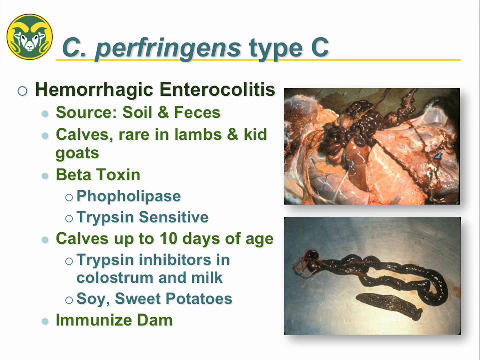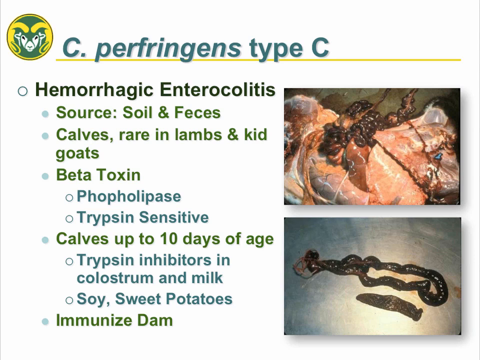So I think the biggest thing here is when you look at what the vaccine has done, the vaccine has done a very good job at limiting type C, type B, and type D infections, and really protecting them when the vaccine's used appropriately. Soil and feces, calves, beta toxin, up to that 10 to 14 days of age. The trypsin inhibitors in the colostrum and the milk are really important at allowing the toxin to persist and cause its damage in that early time.